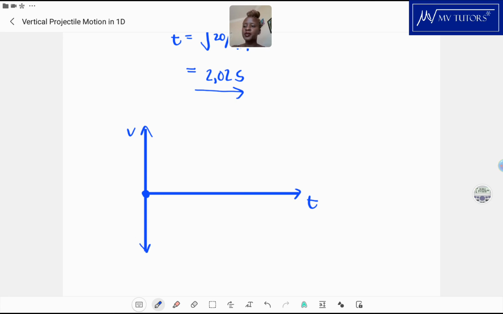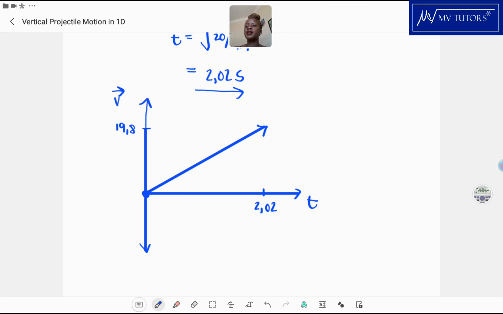Okay, it was dropped, so its maximum velocity will be positive, and we found that the maximum velocity is 19,8. Okay, they said no values are necessary. So we don't have to put it, but I will. We know that at 2,02 seconds we had a velocity of 19,8.